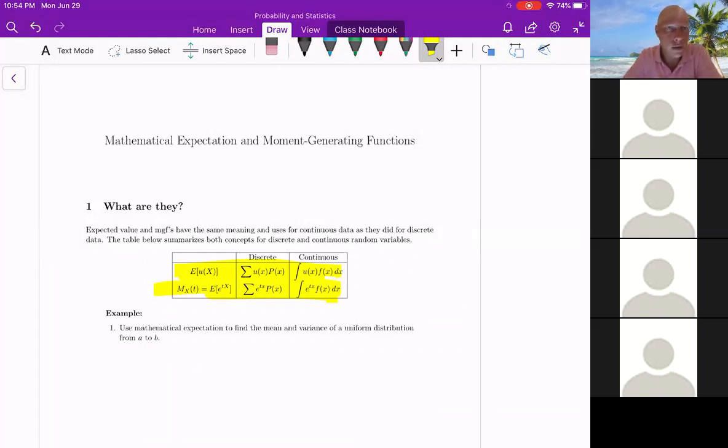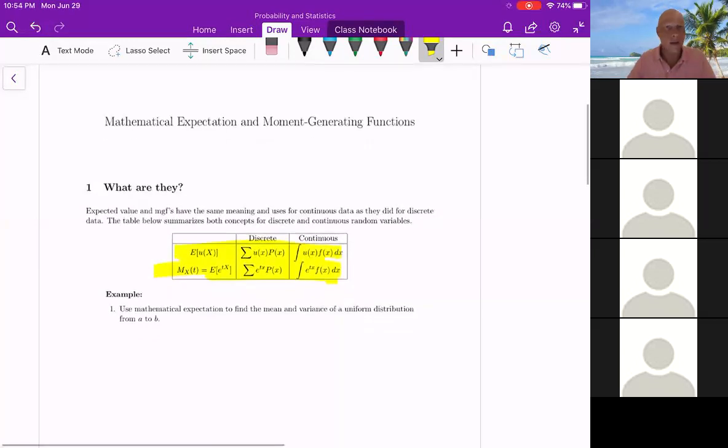Sometimes you used a trick in order to evaluate that. In the continuous case, you would integrate the e to the tx times f. So the process is similar. Now you just have a slight tweak in the formulas for the continuous scenario.